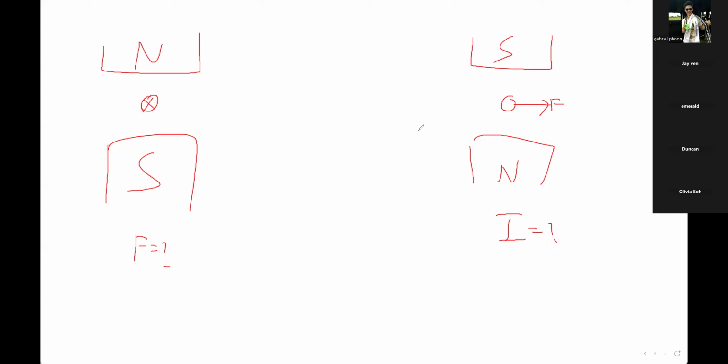Down. No. Guys, for those who attempted it, you're supposed to use the Fleming's left-hand rule for this one here, right? Using your Fleming's left-hand rule, you will have your force finger to the left.